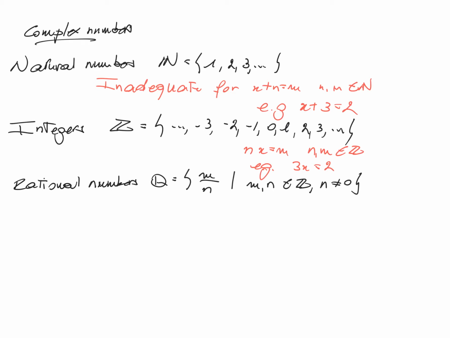So this includes all the natural numbers, all the integers, and also all the fractions of integers. But still, this set of numbers does not allow us to solve all equations.